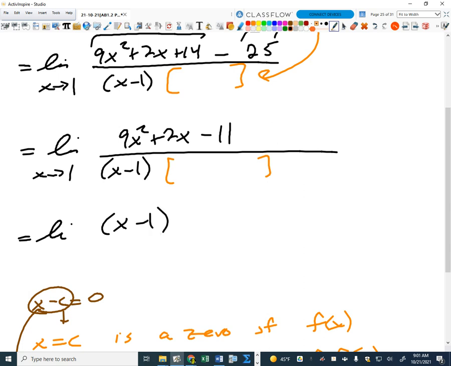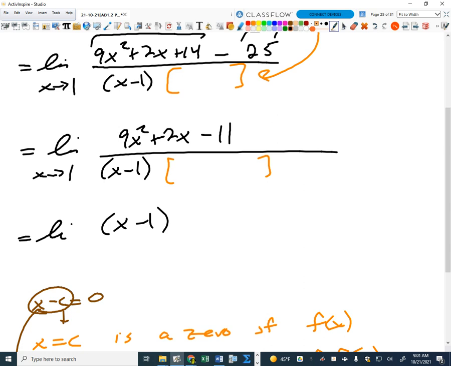Agree? Well, I can find that pretty easily by just dividing the top by x minus 1 to see what's left over. Because what's it mean to be a factor of something, right? 3 is a factor of 12 because 3 times 4 is 12, right? So x minus 1 is a factor of 9x squared plus 2x minus 11 because x minus 1 times something, the other factor, is that.